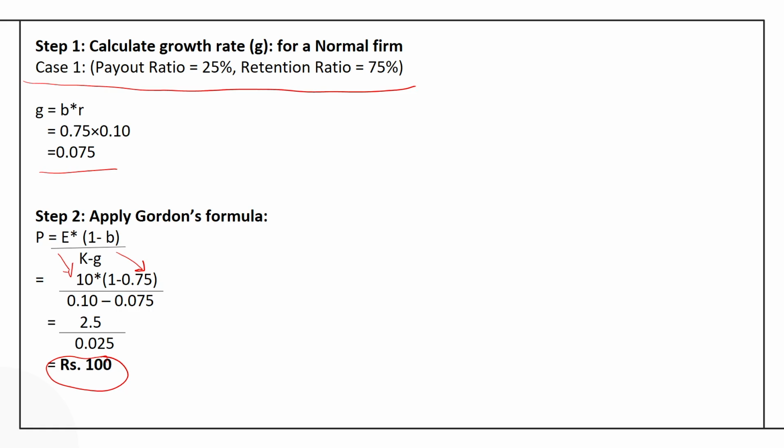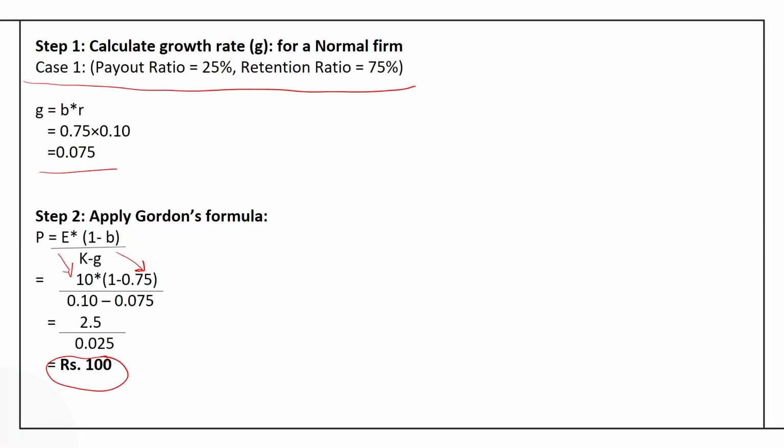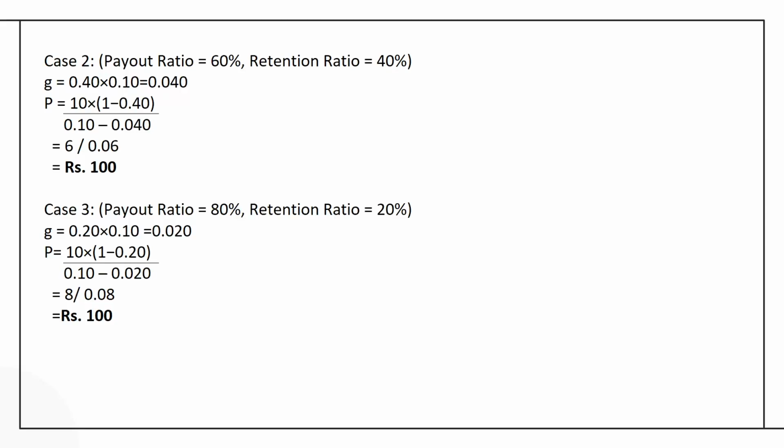So, it is very well understood that when the normal firm is earning a rate of return of 10%, which is just sufficient to recover the cost of capital, which is also 10% in this case, the value of the firm is rupees 100. And if you compare this with the growing firm, we can see that there is a difference on account of the 2% additional growth rate that was enjoyed by a growth firm in the first scenario.